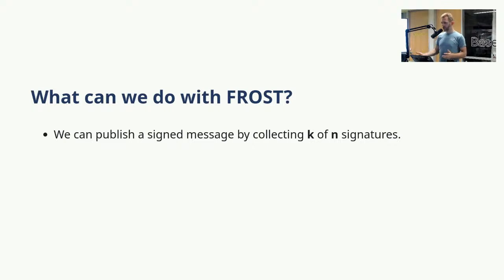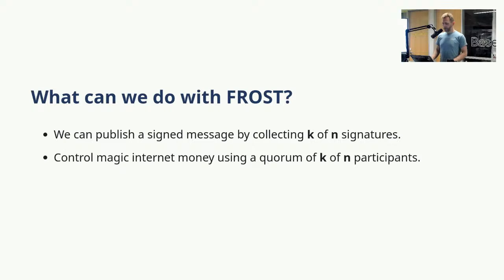When you're talking about voting, you only need a certain amount of people to vote past a certain threshold. So that's what we can do. We can also control magic internet money using a quorum of K of N participants. So if you wanted to manage money with a group of people, but you only want a subset of that group to actually be able to move the money, then Frost is the thing for you.